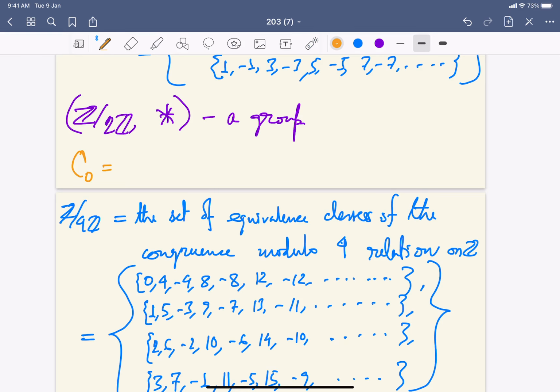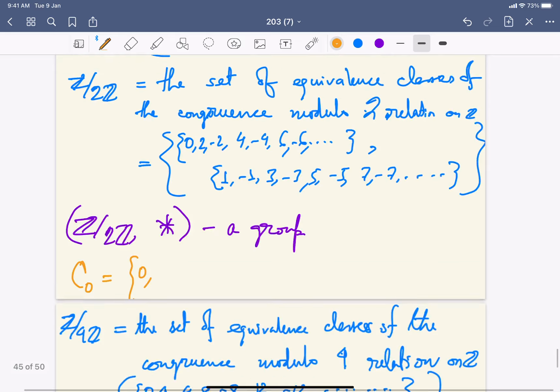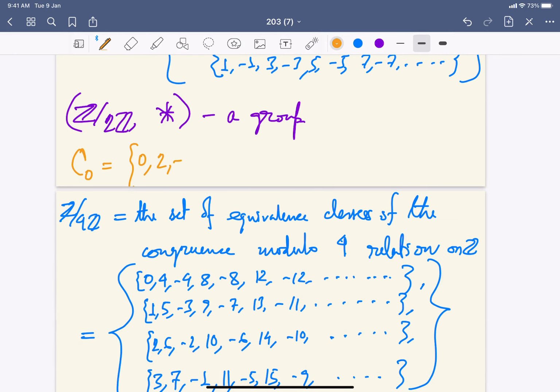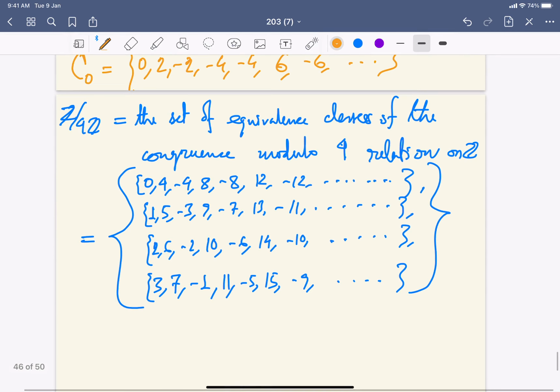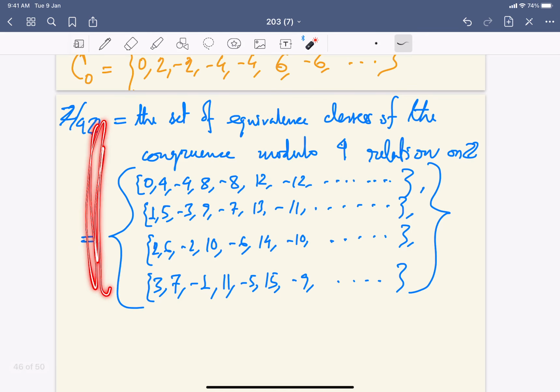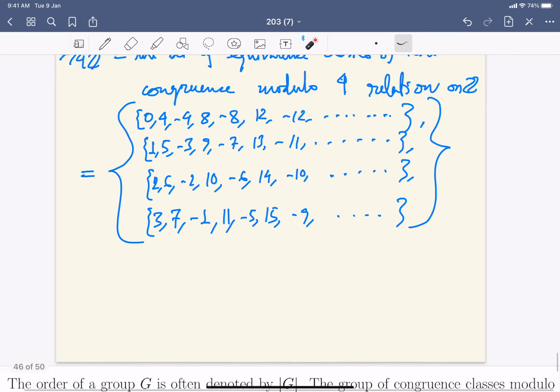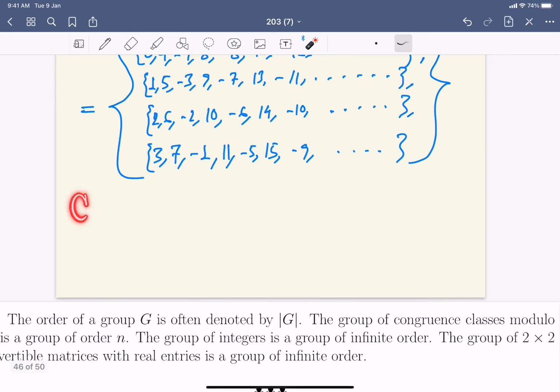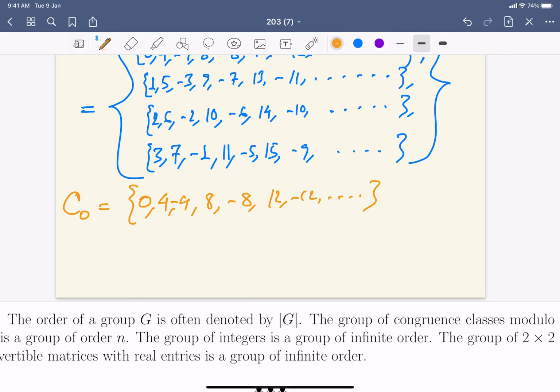C0 consists of 0, 2, minus 2, 4, minus 4, 6, minus 6, etc. And when you are considering the congruence modulo 4 relation, what is C0? In that case, C0 is equal to 0, 4, minus 4, 8, minus 8, 12, minus 12, etc.